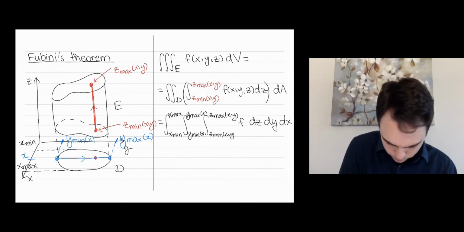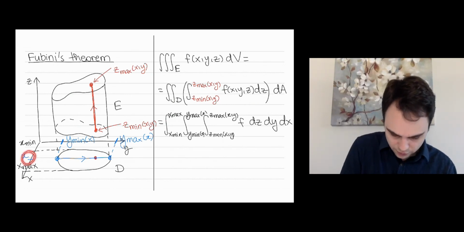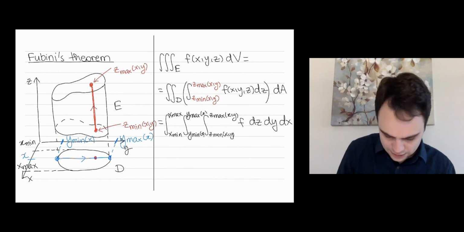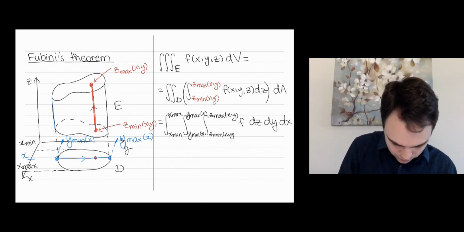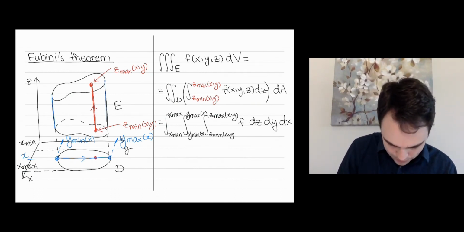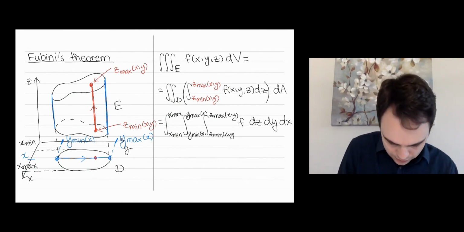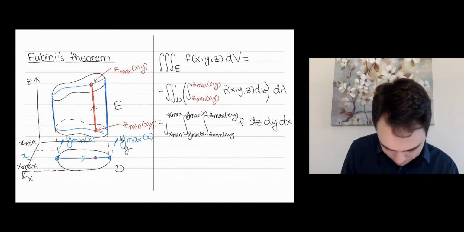Here, you can see that I fixed a value of x. Let me form an x slice of my 3D shape E. If I fix x and intersect E with the copy of the yz plane with that fixed value of x, I'm going to get a shape that looks like this.